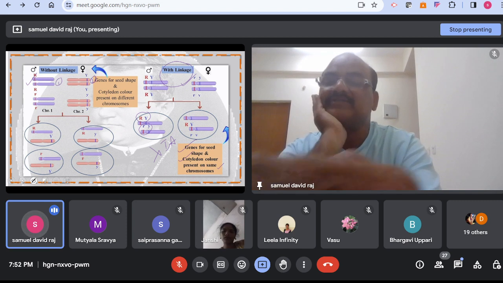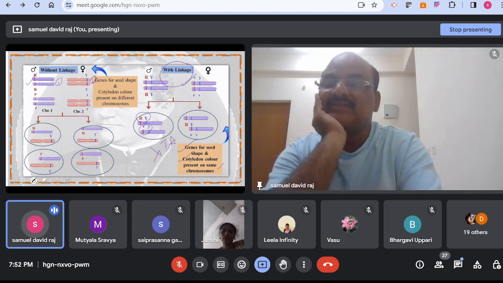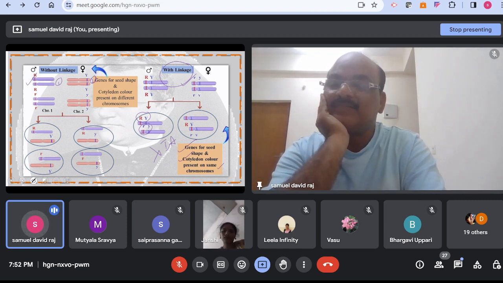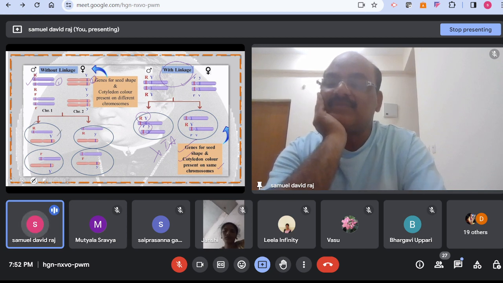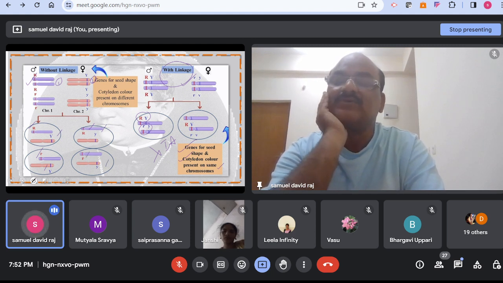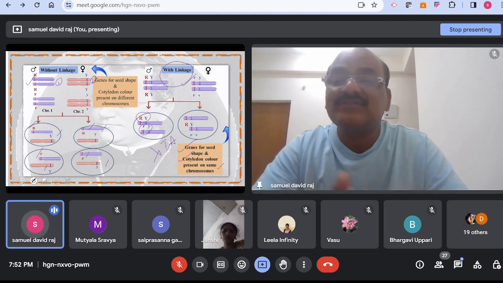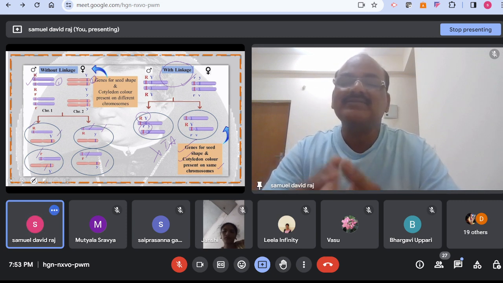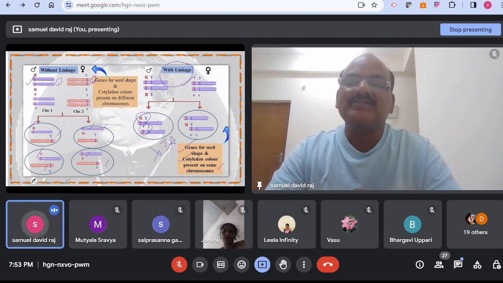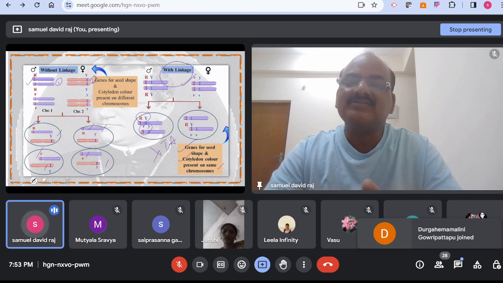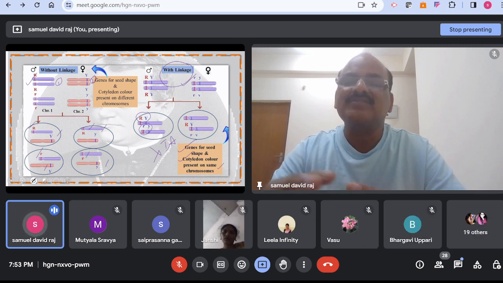This is the first chromosome, this is the second chromosome. Then there is every chance for the new combinations capital R capital Y, small r capital Y, capital R small y, small r small y. This is possible only when they are present on different chromosomes. So Mendel's God-given gift is that the genes responsible for certain characteristics in Pisum are present on different chromosomes. That is the reason why he could observe independent assortment.